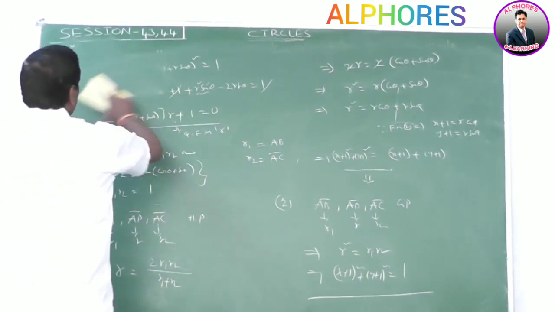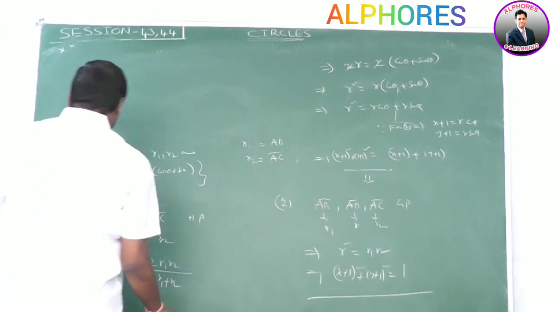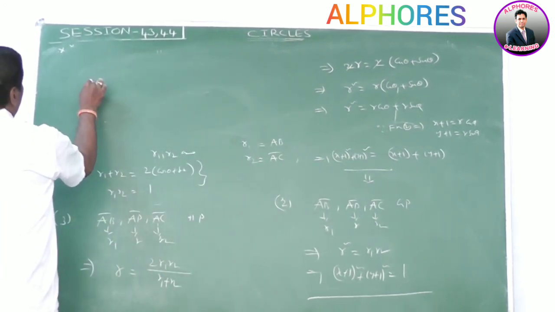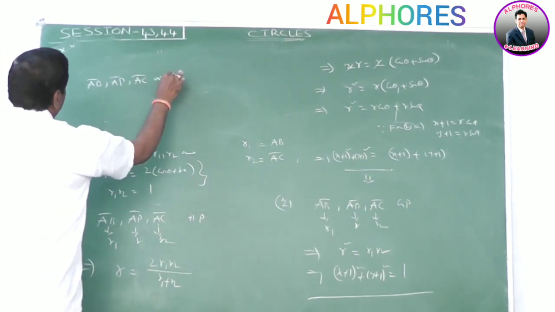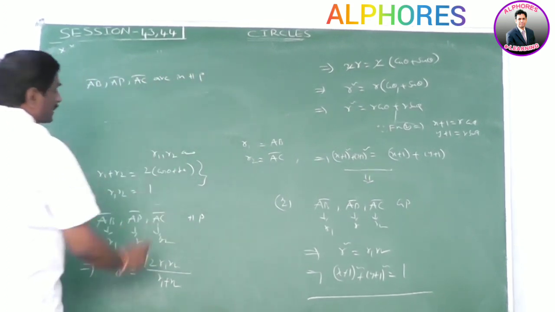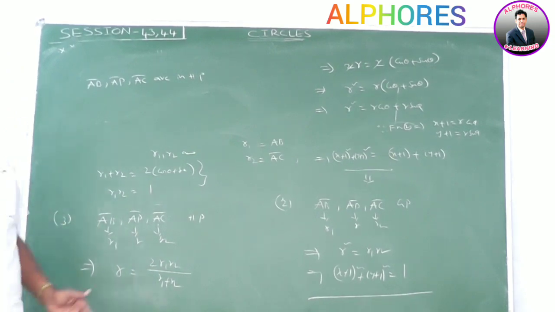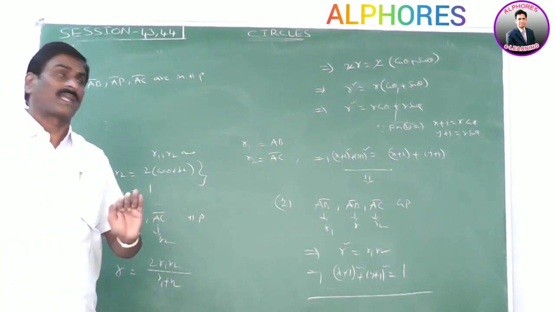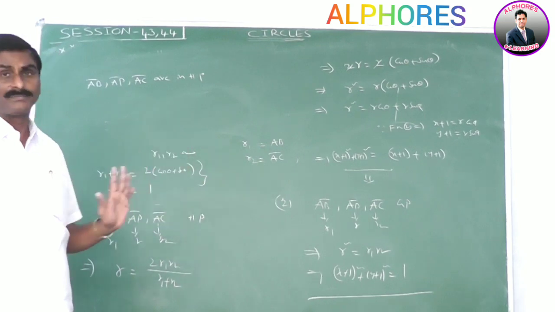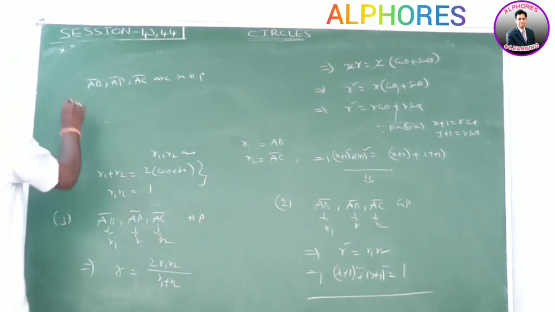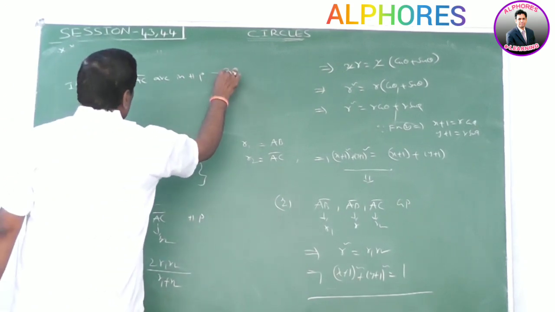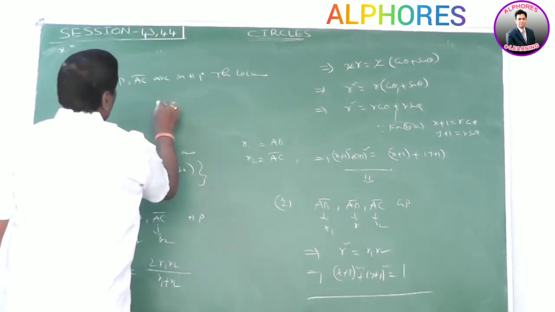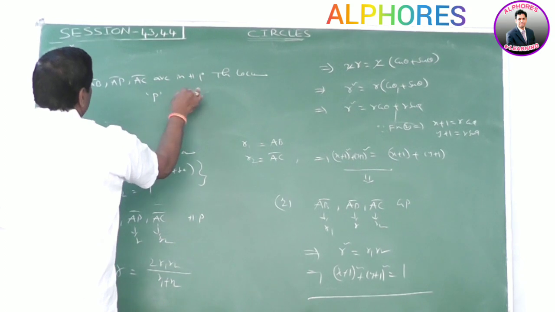In this case, if AB, AC are in HP, there is a shortcut formula, a direct formula. For HP and GP there is a formula. For AP we use this one condition. If AB, AC are in HP, then the locus of P is simply S1 equal to 0.